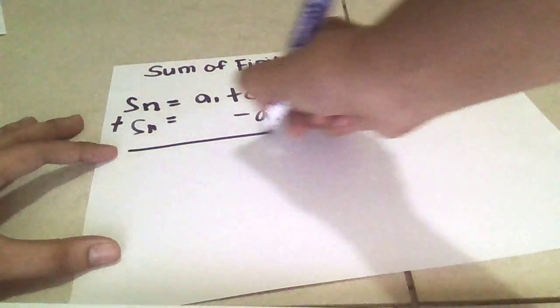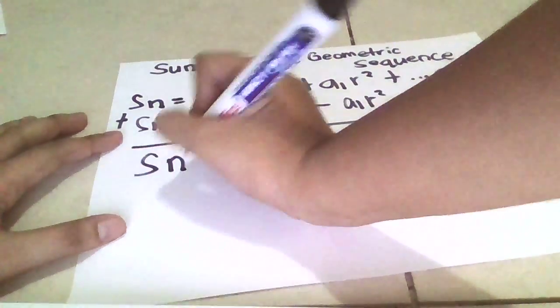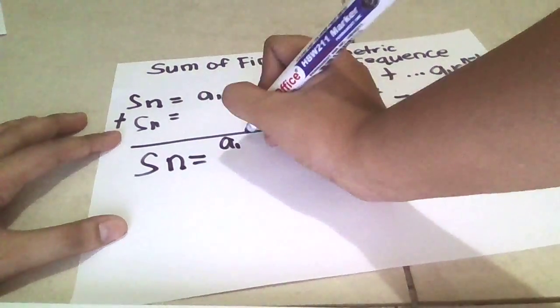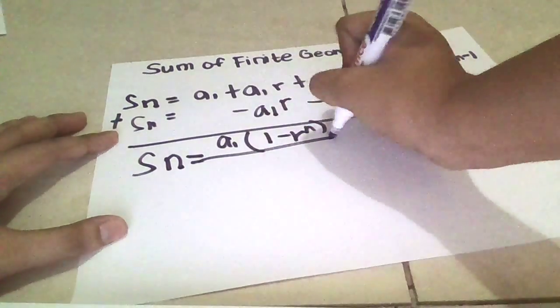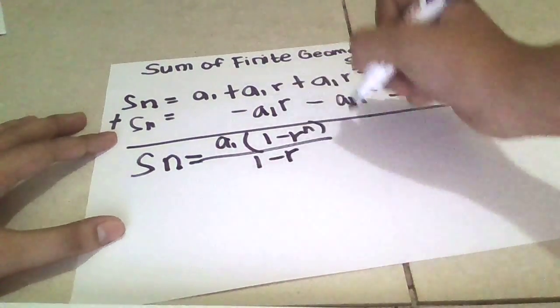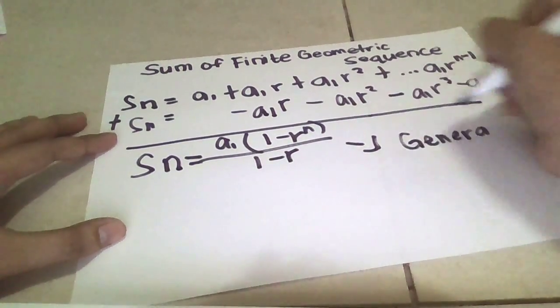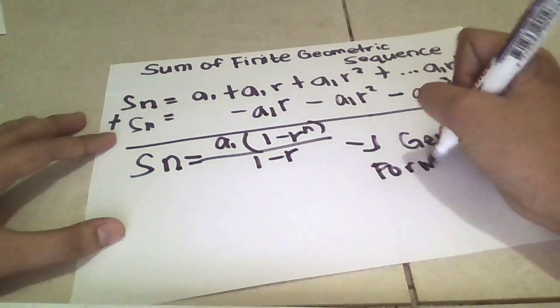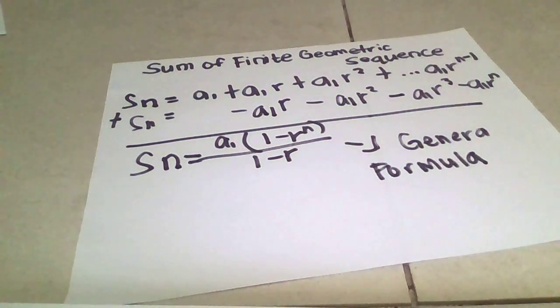So you're gonna get the formula S is equal to a sub 1 times (1 minus r raised to n) over 1 minus r. This is the general formula in finding the sum of a finite geometric sequence.